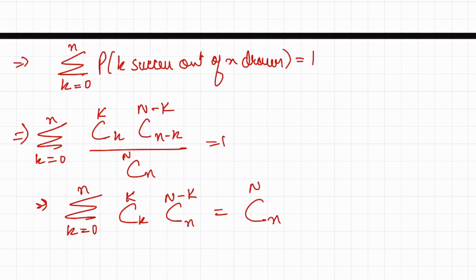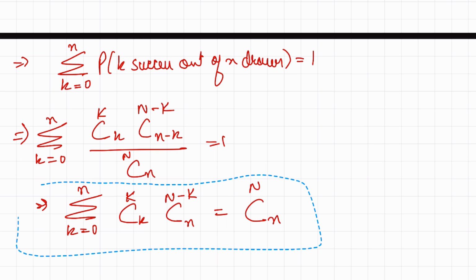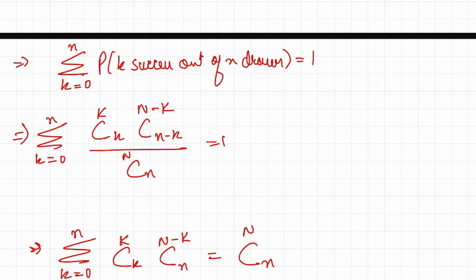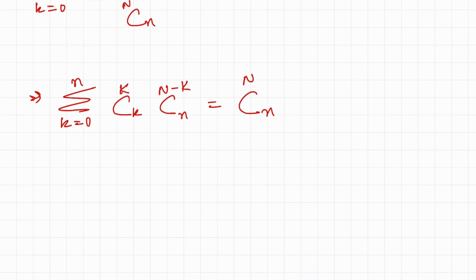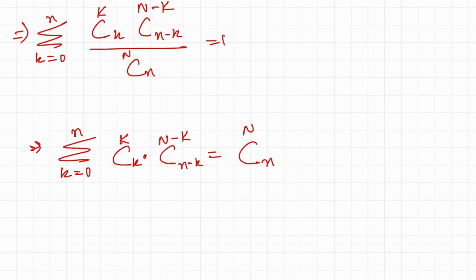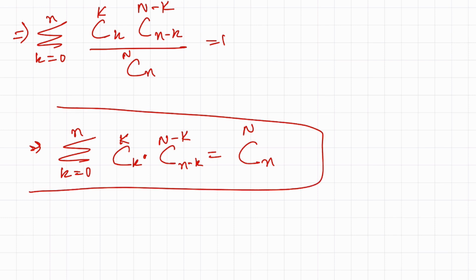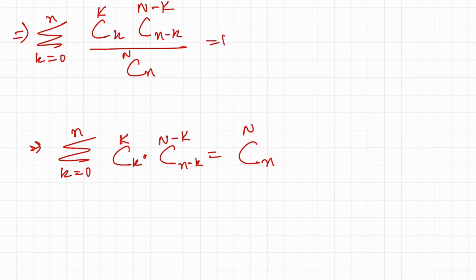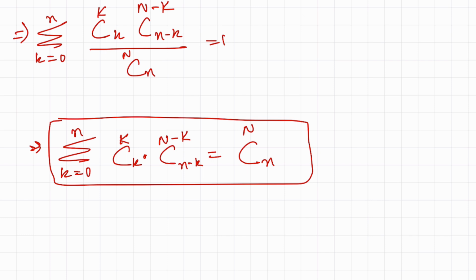And just for clarity, I'm going to quickly take this and move it here. So what we have is this very interesting property. We see that it's a product of two binomial coefficients, and if they can be written like this, then we can quickly equate them to something which is on the right-hand side of this equation.